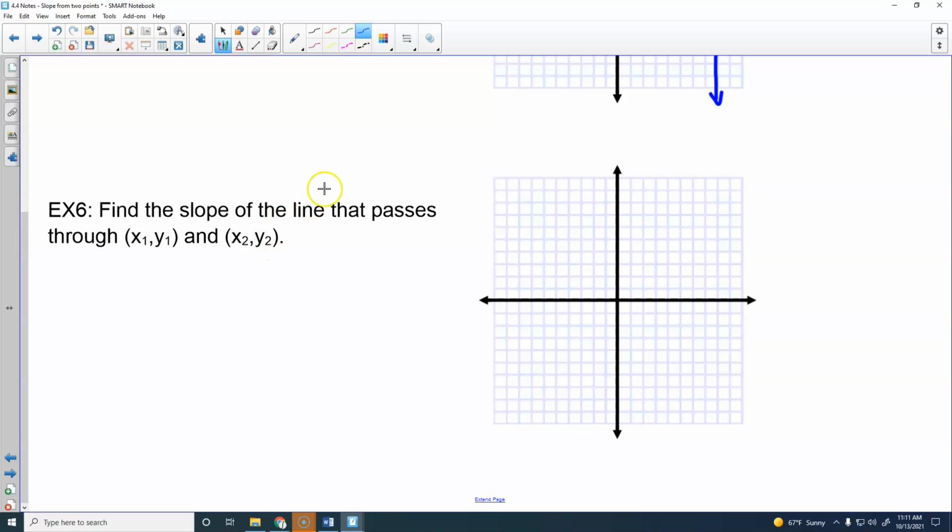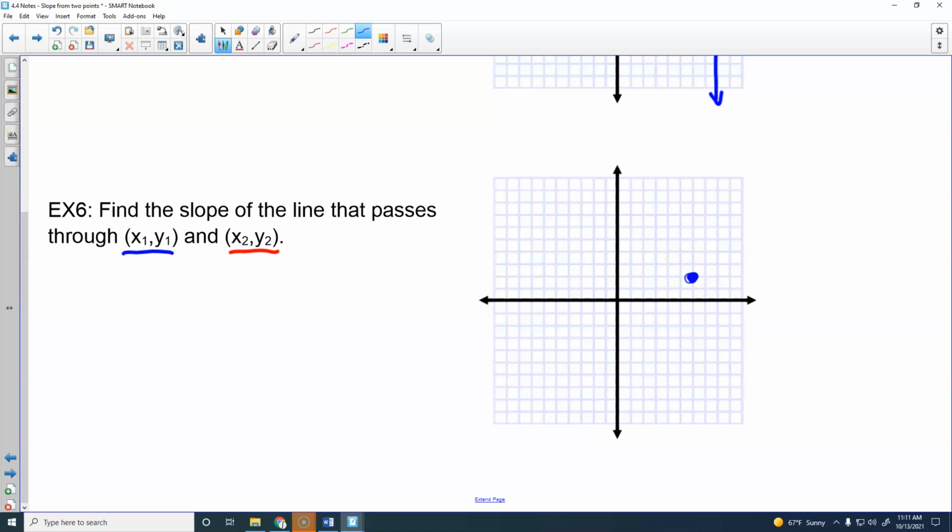Obviously, I can't really graph x1, y1, and x2, y2, because they're not numbers. But for us to think about how this relates to the graph, I'm going to graph just an imaginary point and call it x1, y1.